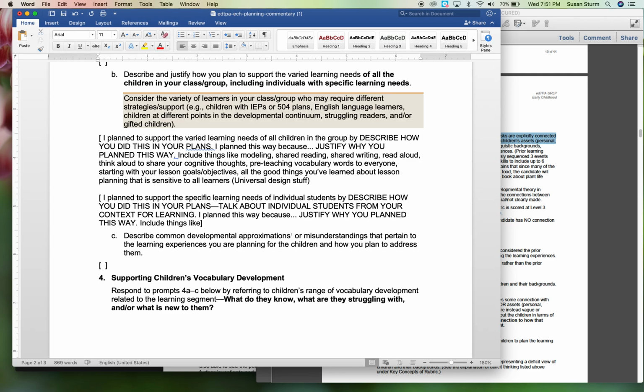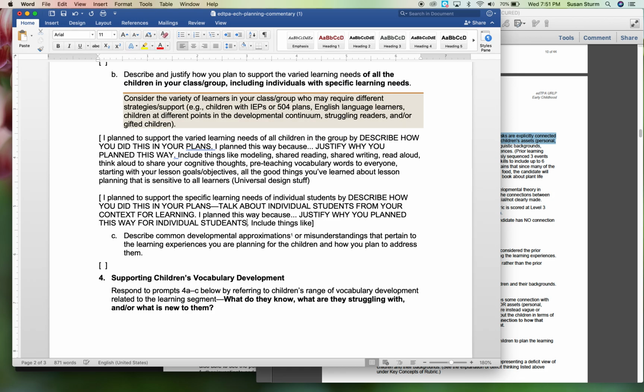I have students who are struggling readers, and so I read aloud the text to them individually when we had small group time. All of the ways, justify why you plan this way for individual students.